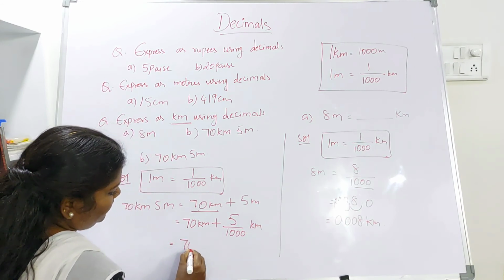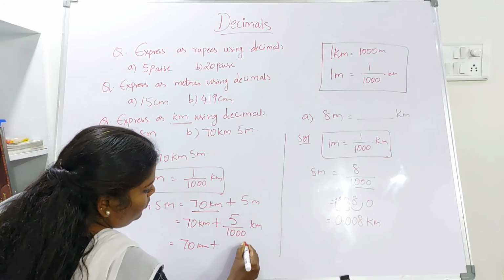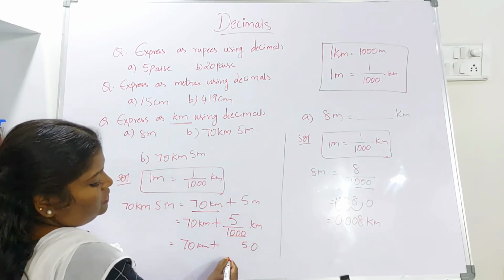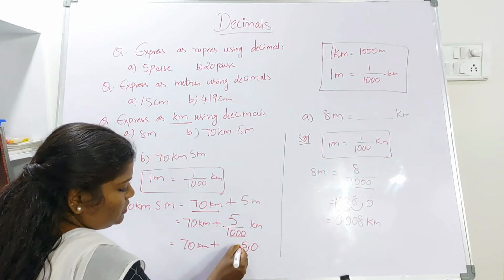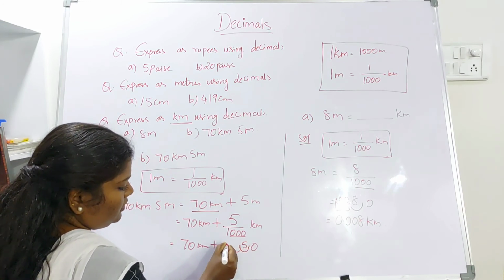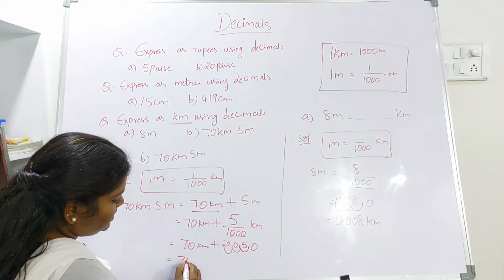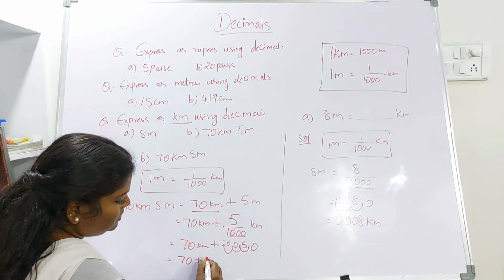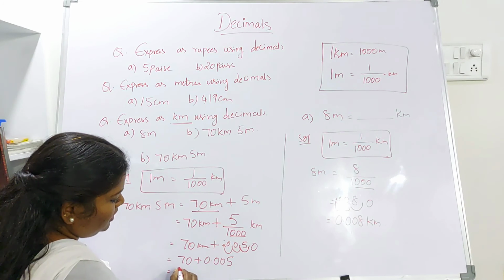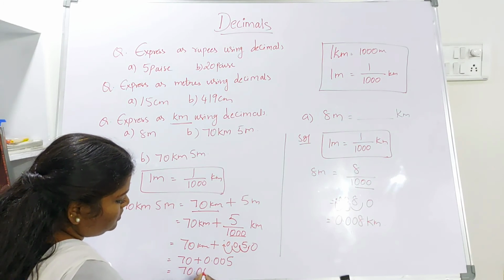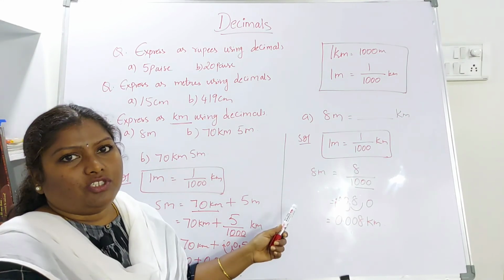That is 70 kilometer plus, now 5 in the sense 5.0, you have 3 zeros, so this should be shifted 3 places, 1, 2 and 3, and the empty spaces are filled up with 0, so that is nothing but 70 plus 0.005. So this is nothing but 70.005 kilometers.